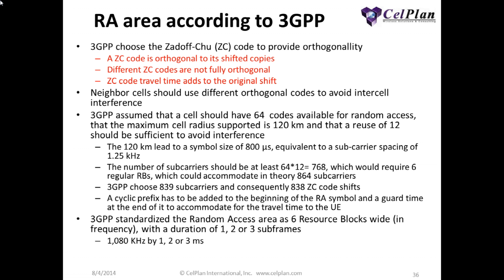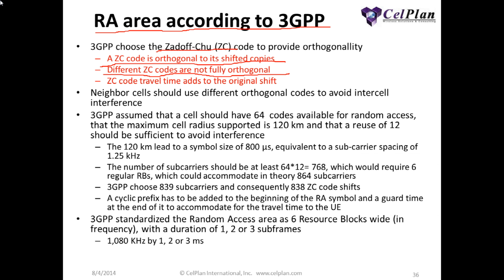So let's summarize what the random access area is according to the 3GPP design. Well, we already spoke about Zadoff-Chu code. ZC code is orthogonal to its shifted copies. Different ZC codes are not fully orthogonal.